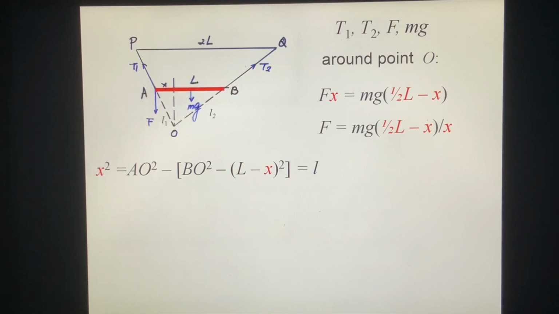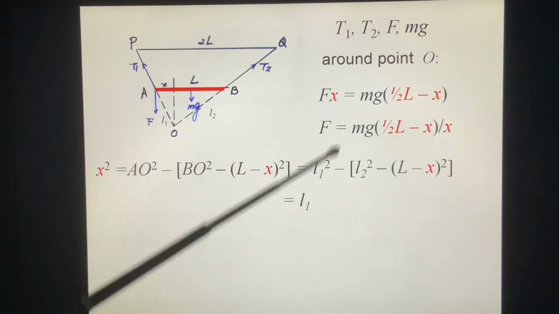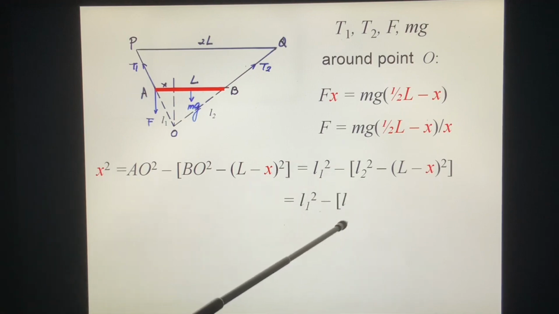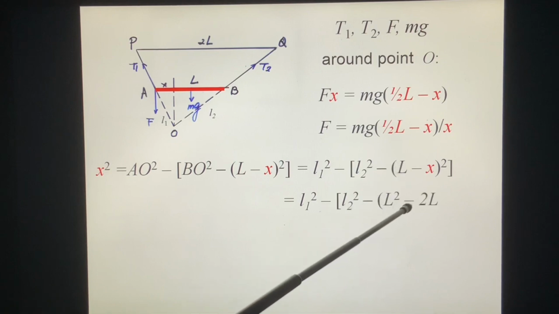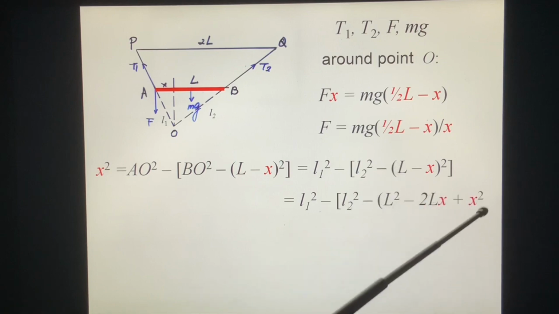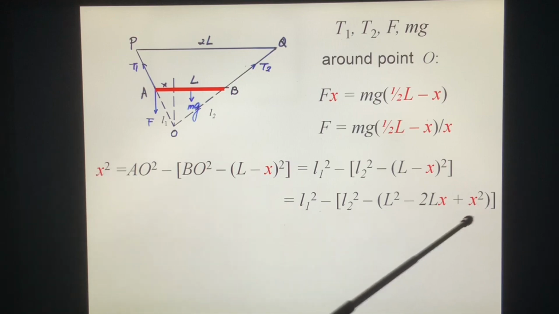We put L1, L2 inside. So L1 squared minus x squared equals L2 squared minus L minus x squared, and we expand this: L2 squared minus L squared minus 2Lx plus x squared. We find x squared can cancel out.